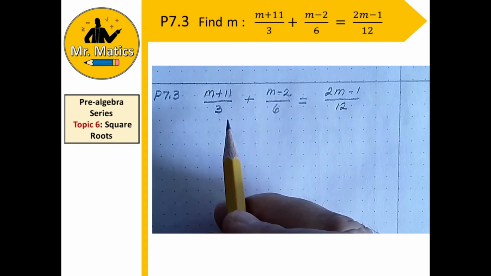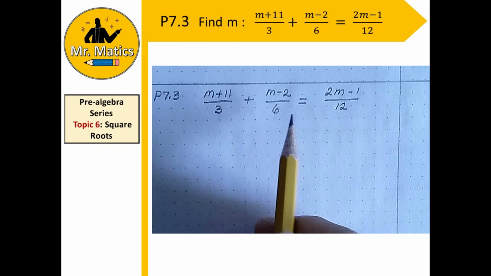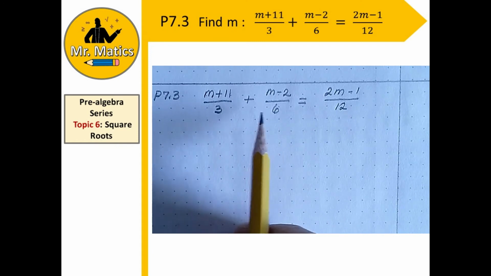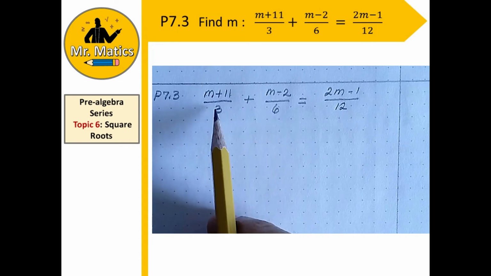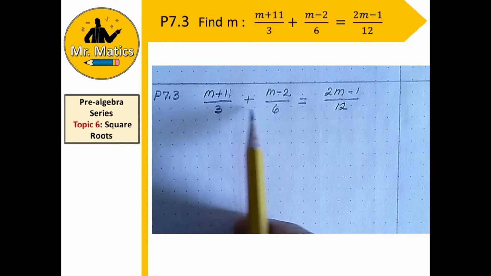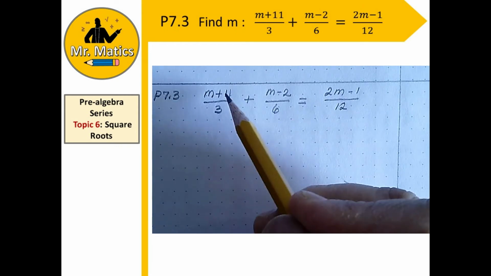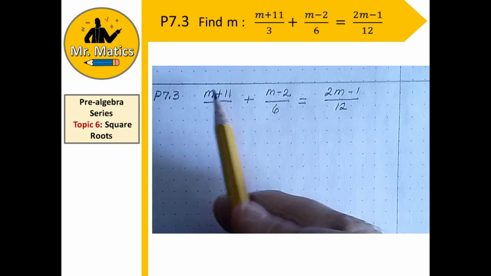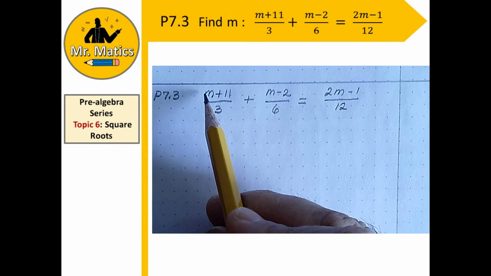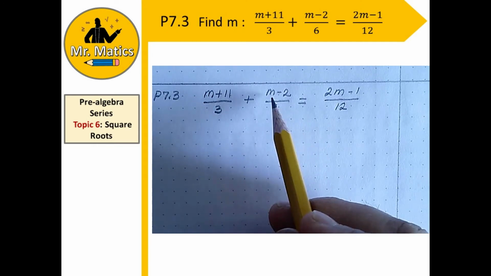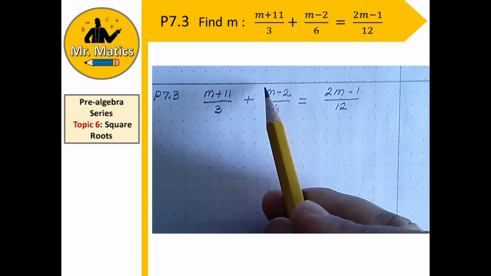Now you can do this problem in two ways. You can add these with an LCM of the denominators as 6, and then like we add fractions, we'll have to multiply this numerator by 2 to get a 6 here, and then we don't have to multiply anything here, it's already 6.